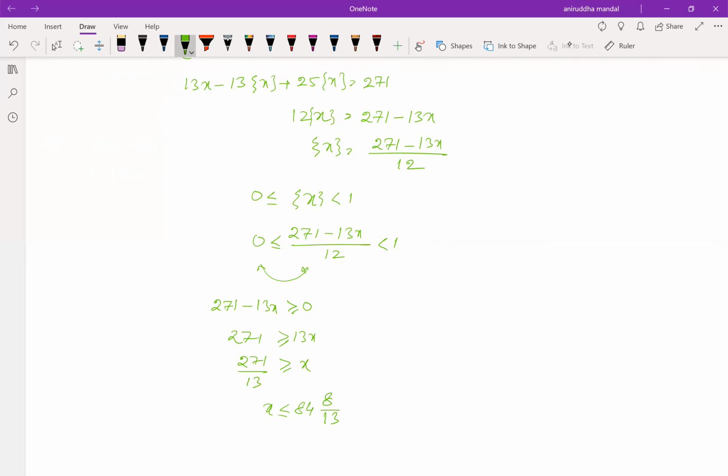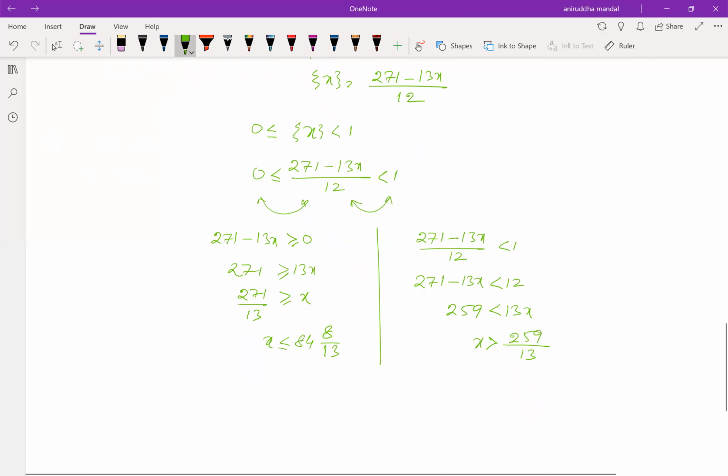And if we take the other component, (271 minus 13x) divided by 12 is less than 1. So 12 is cross multiplied, so 13x is greater than 259. So x is greater than 259 over 13.